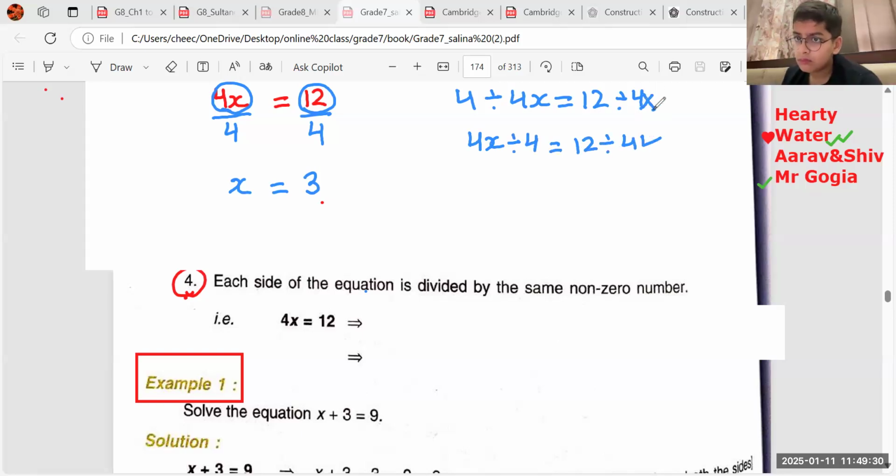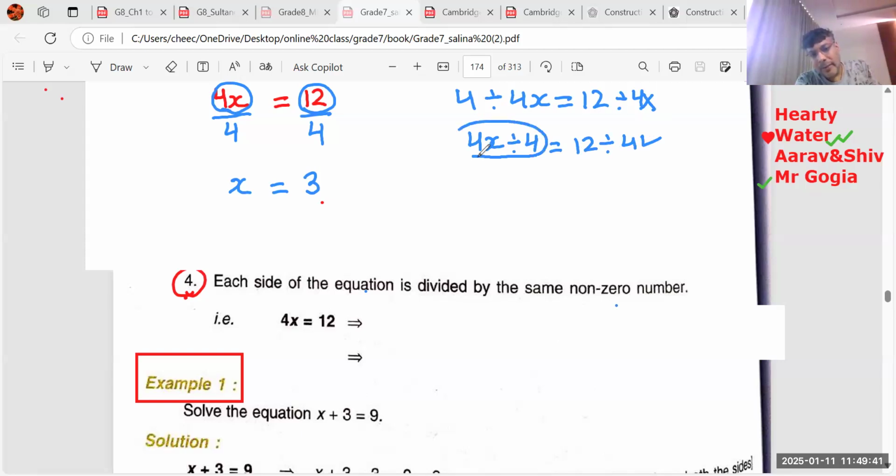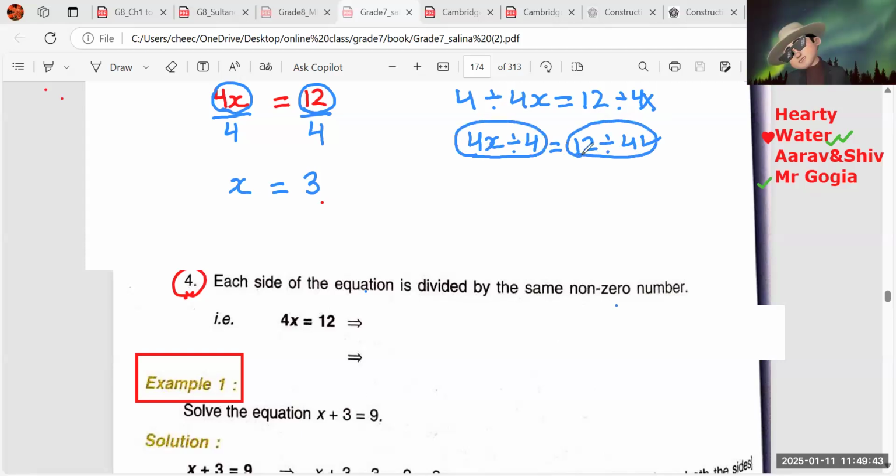Okay, Arav. Sir, I was about to write it. No beta, don't say about to. So this is x equal to 3.